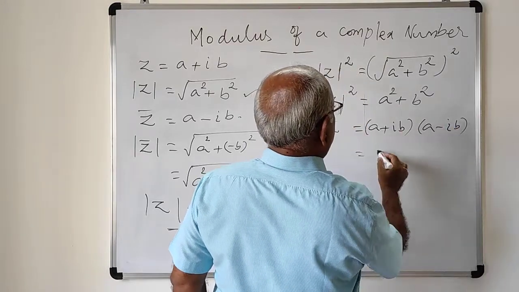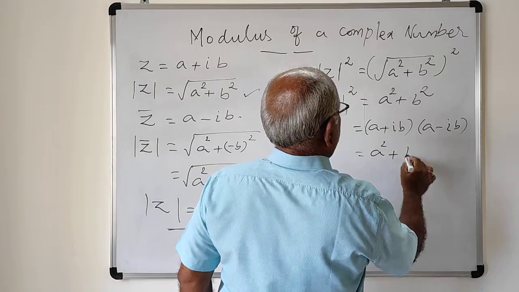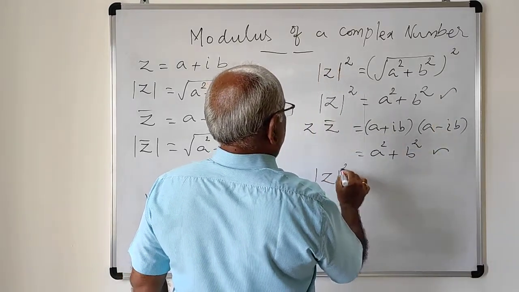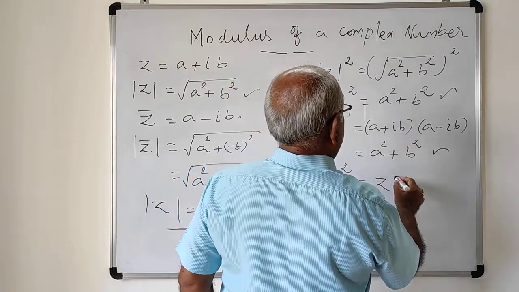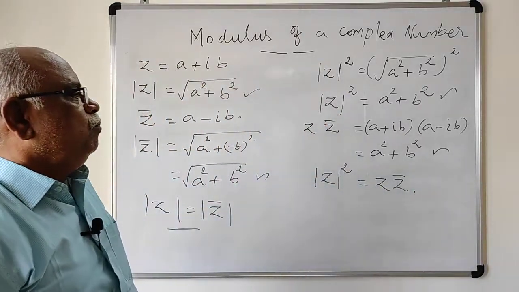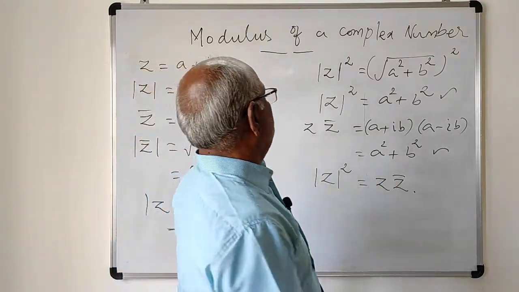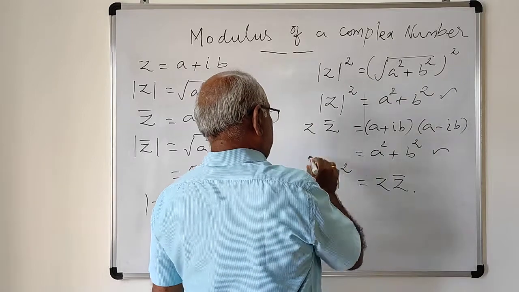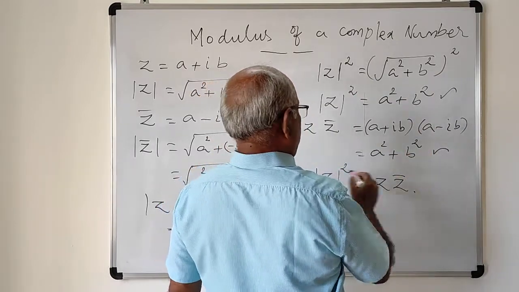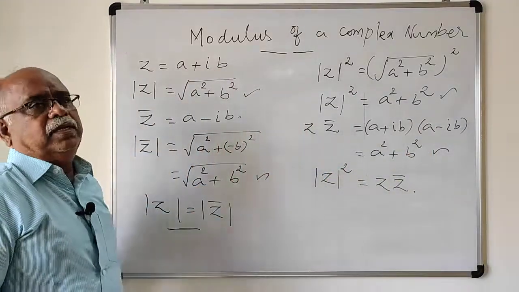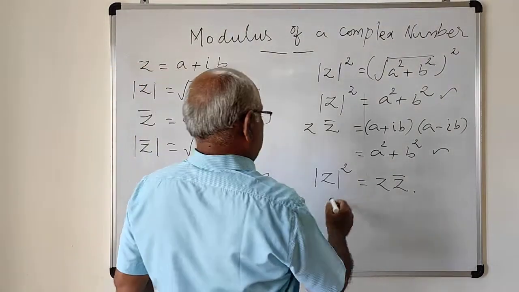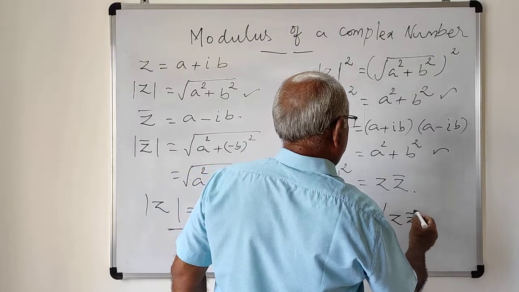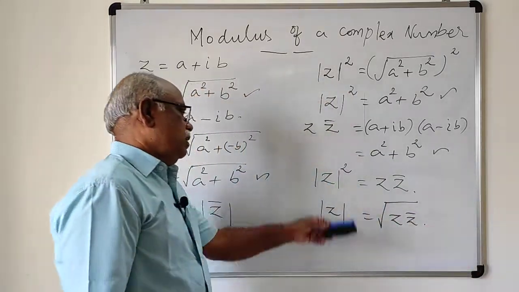So a plus ib into a minus ib is a square plus b square. So from these two, mod of Z square is equal to Z into Z bar. Therefore, taking square root on both sides, mod of Z equals square root of Z into Z bar. You can consider this as well.